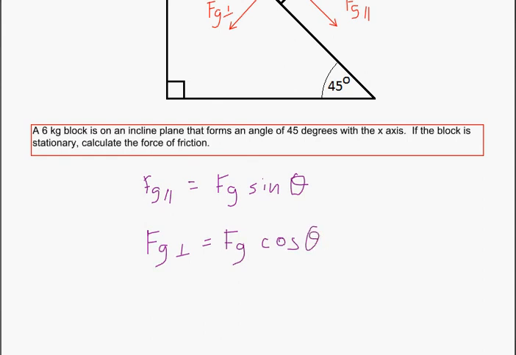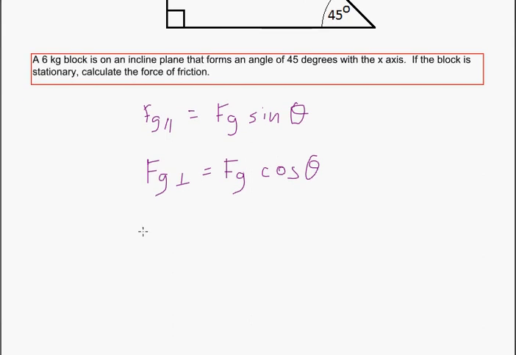Now, the big thing to recall as well, guys, when using these formulas is that FG equals mg. Now, in this case, FG equals, we have a 6 kilogram block, 6 kg times negative 9.8 meters per second squared. Sorry, everything's not going to fit in here. The units will be off the paper.